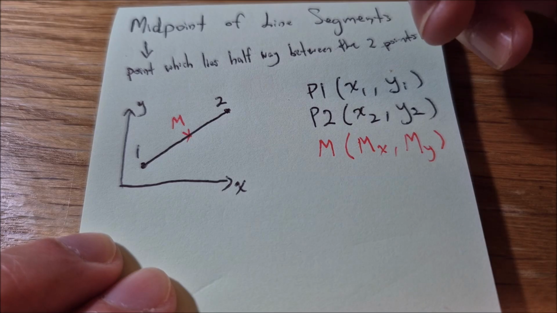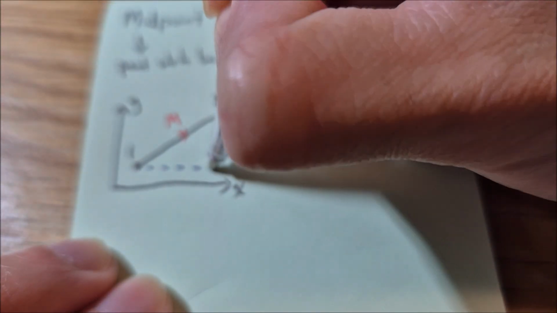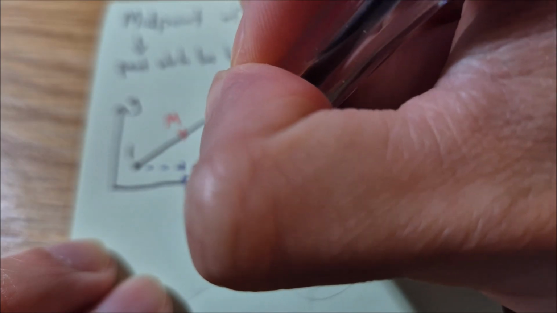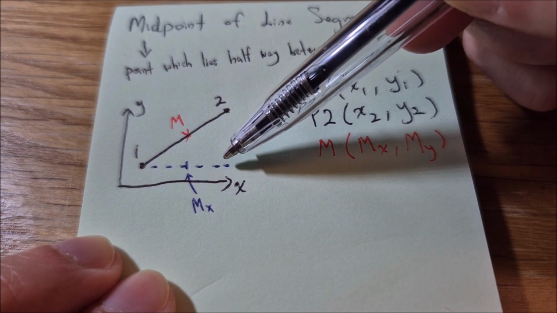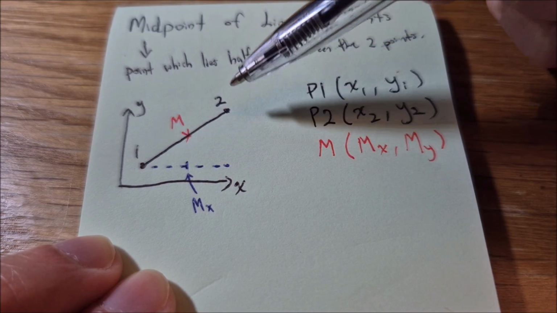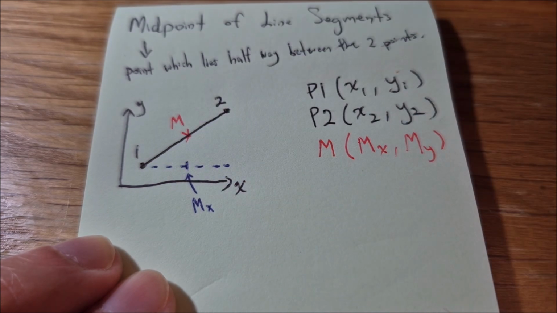In the X direction, let's draw a line. The Mx will be here, and in the X direction, it will be in the middle between points 2 and 1.